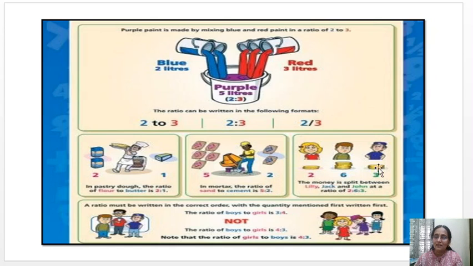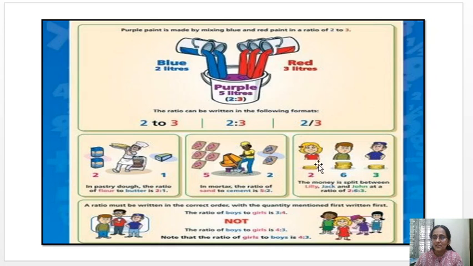There are 3 students here. The first one is Lily, next one is Jack, and third one is John. Money is distributed by their parent or teacher. 2 rupees is given to Lily, 6 rupees to Jack and 3 rupees to John.